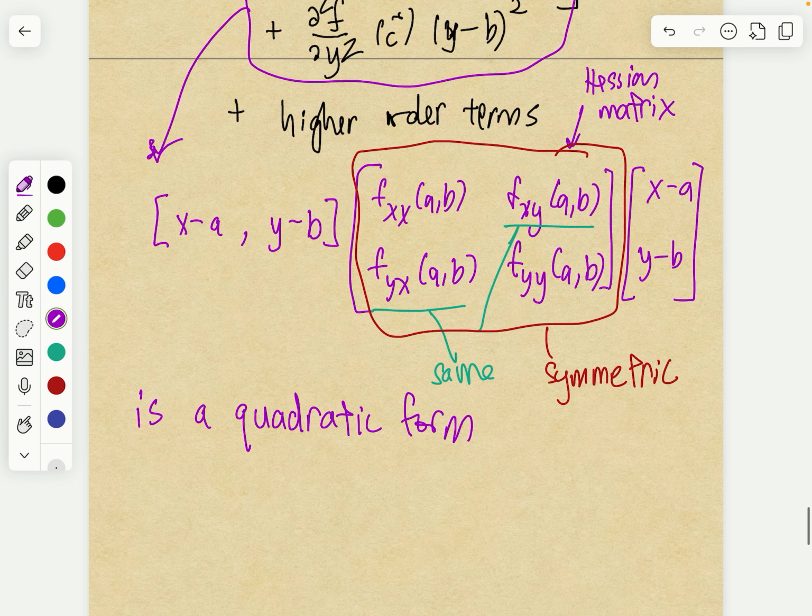And in the series on linear algebra, I talked about what happens when you have a quadratic form given by a symmetric matrix. You can visualize what the graph of this is going to look like based on the eigenvalues of this matrix.